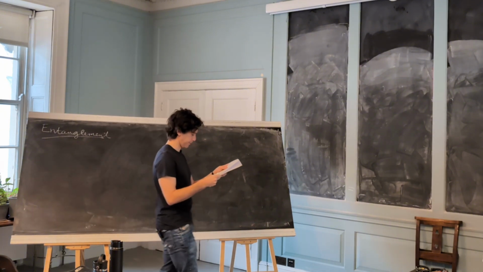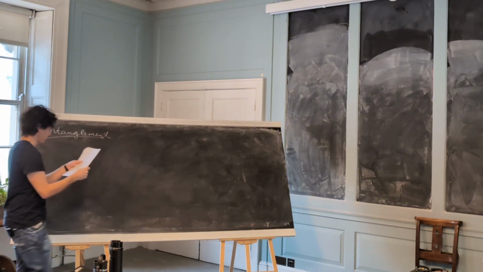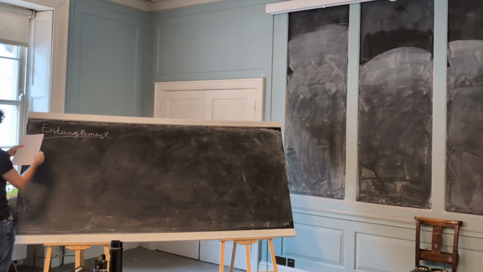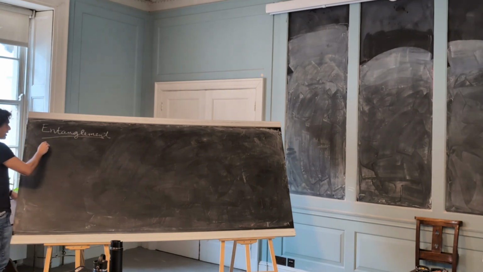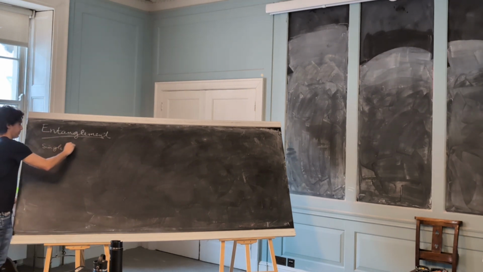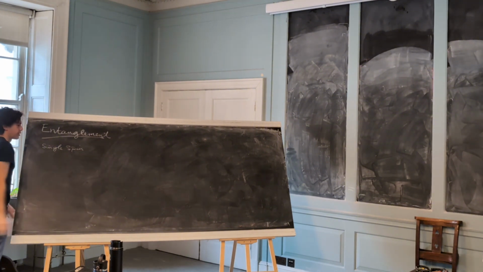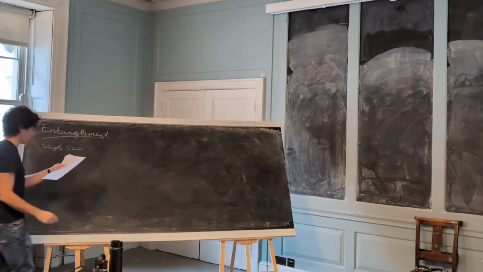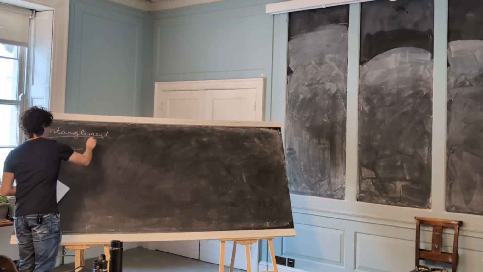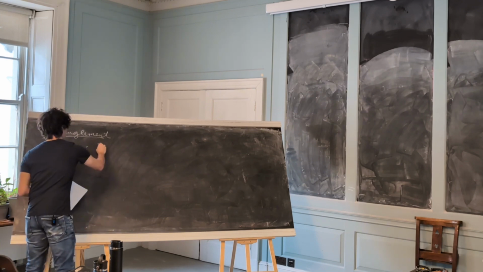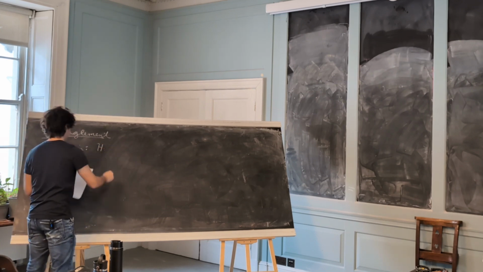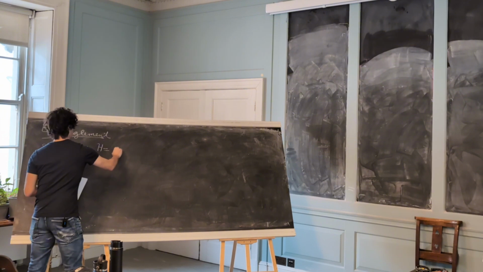Okay. So we're going to do a simple example. We're going to talk about a single spin. Single spin, I mean an object where the Hilbert space is two-dimensional.